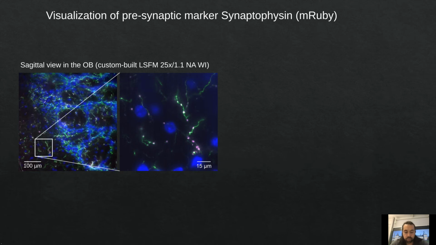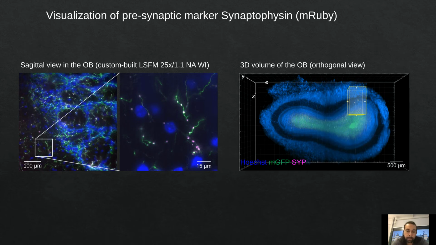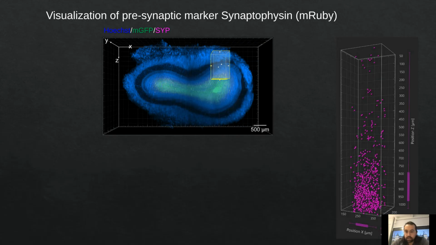So now, if we take a volume with this high magnification objective in the olfactory bulb, and I'm showing you here the example of the glutamatergic mouse brain, where we have more connections in the center of the granular cell layer, we should be able to see that if we count the synapses along that volume, while we are going deep into the sample, the number of synapses should increase.